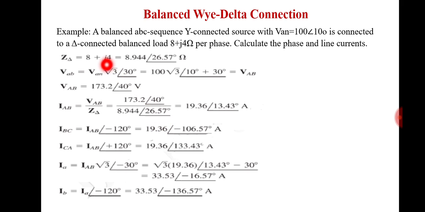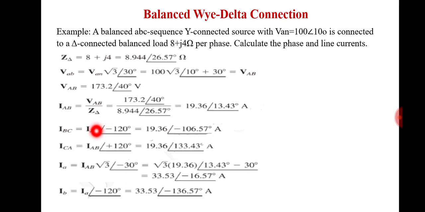We find here Z delta this value. So put this value here. So the equation becomes IAB is equal to 19.36 with angle 13.43. Here magnitude, divide the magnitude and angle, subtraction of angle. So the value becomes 19.36 with angle 13.43 ampere.